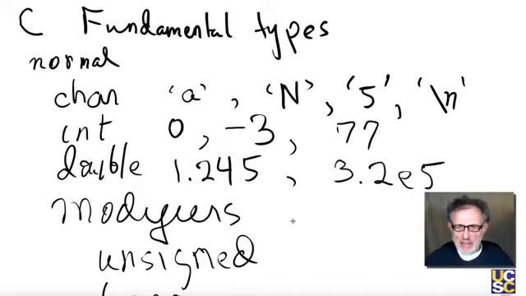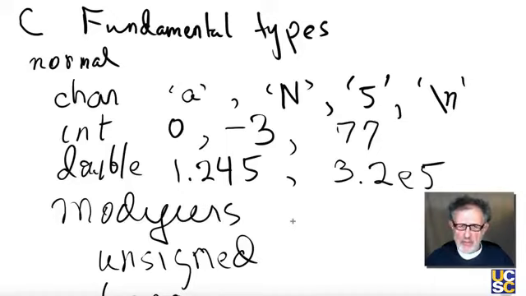So the characters can represent what's called the ASCII table of characters. It's typically all the lowercase, all the uppercase, punctuation, operator characters, digits, and some special characters like new line.